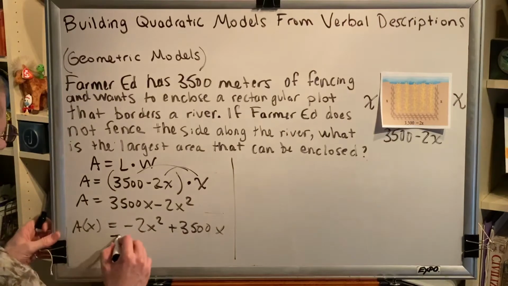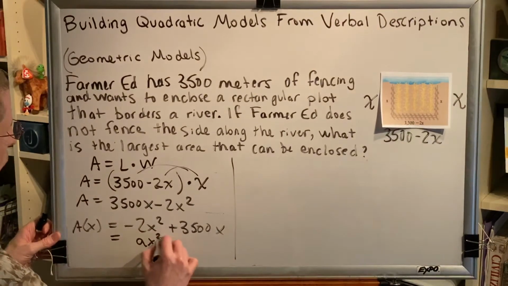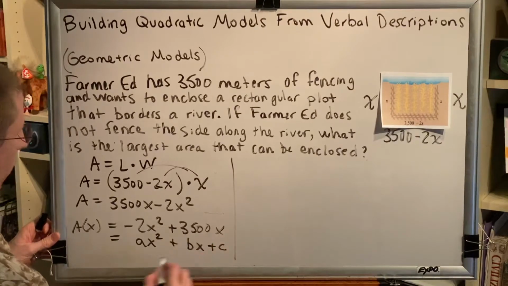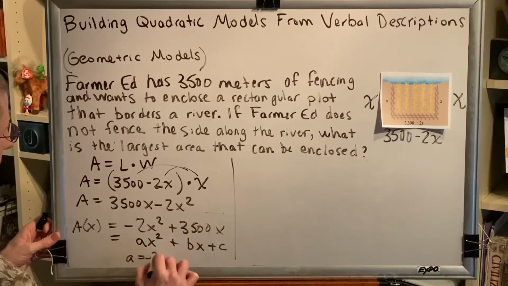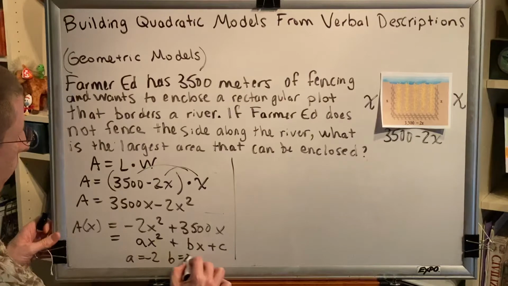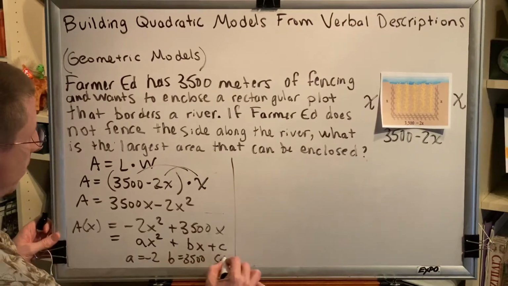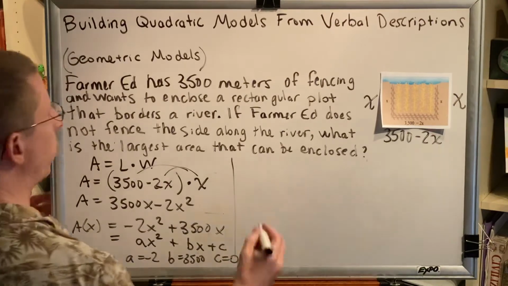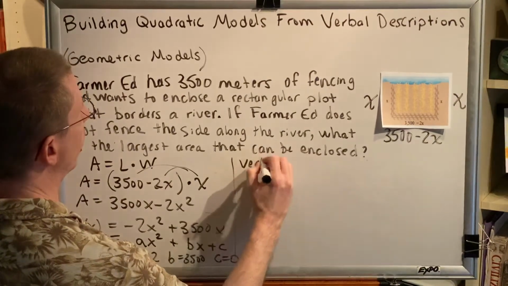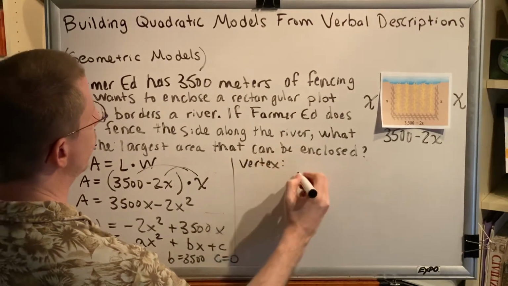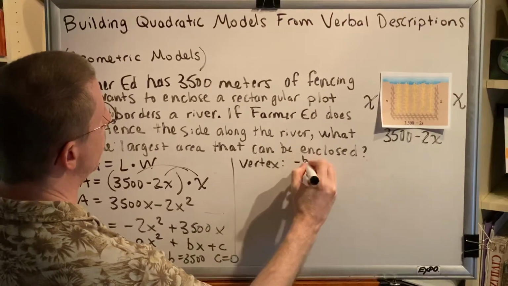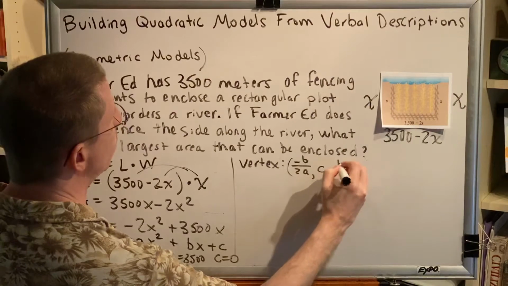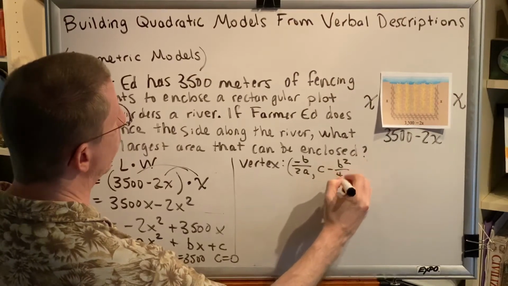So, is this quadratic? The answer is yes. It matches the form of a quadratic, which is ax squared plus bx plus c, where a is equal to negative 2, b is equal to 3,500, and c is equal to 0. Once we recognize that, we know that we can plug into the vertex formula in order to answer the question. So the vertex formula says opposite b over 2a, comma, c minus b squared over 4a.